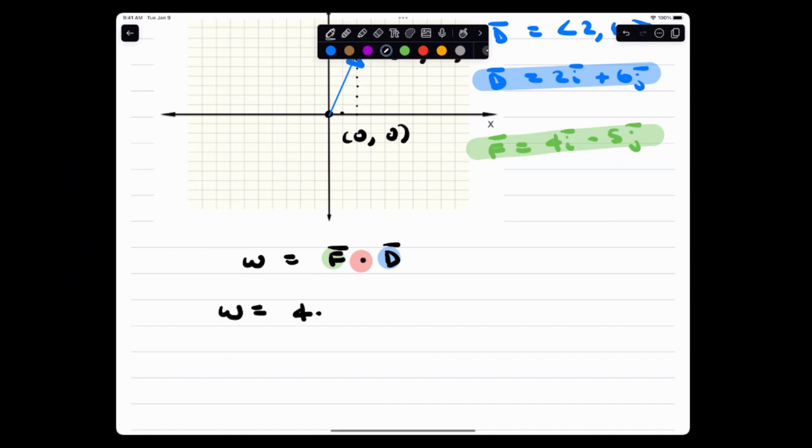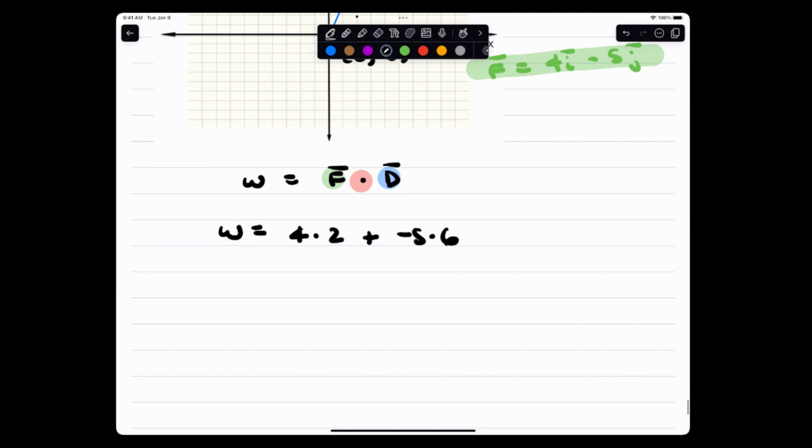So you say 4i minus 5j. Let's get the dot product. So 4 times 2 plus negative 5 times 6. 8 plus negative 30 will be negative 22.